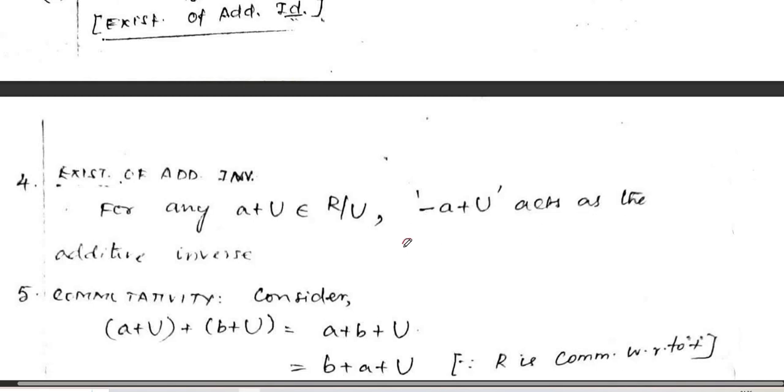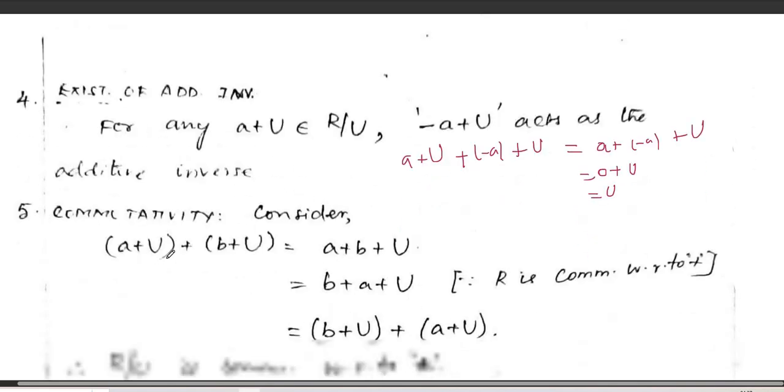And when we add these two, a plus u plus minus a plus u, we will get u. So this is 0 plus u, and that is our identity. That is because you have a plus minus a plus u, and that gives 0 plus u. But 0 being present in U, it will absorb, so you get this. So this acts as the additive inverse.